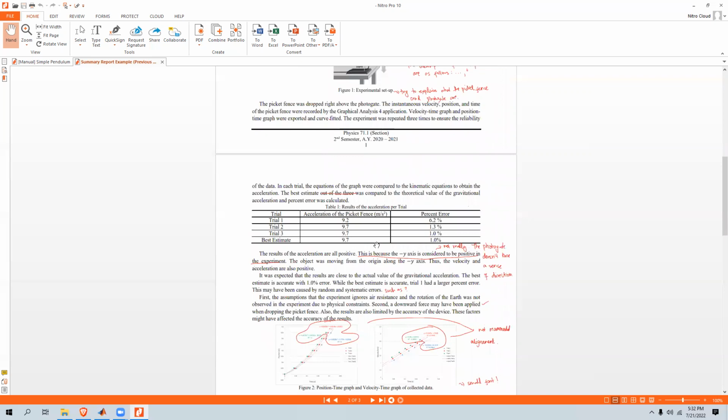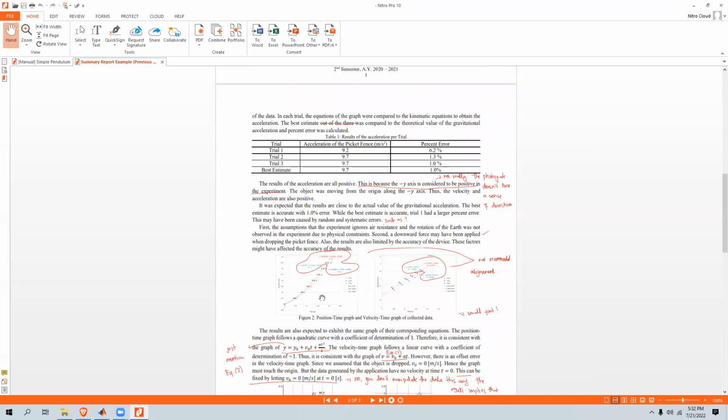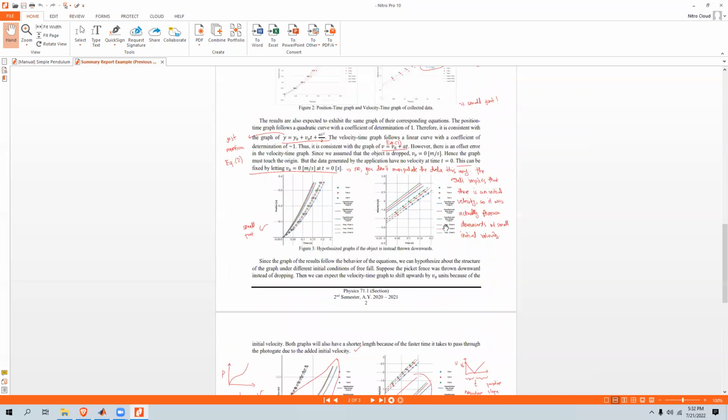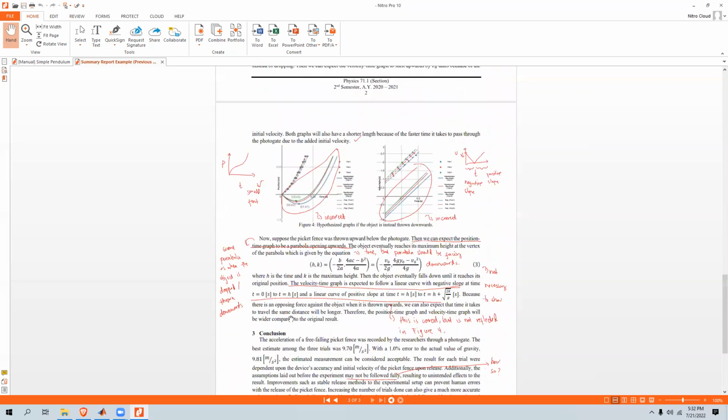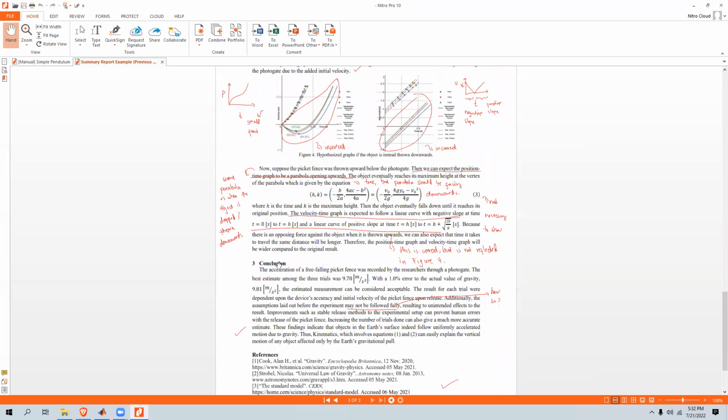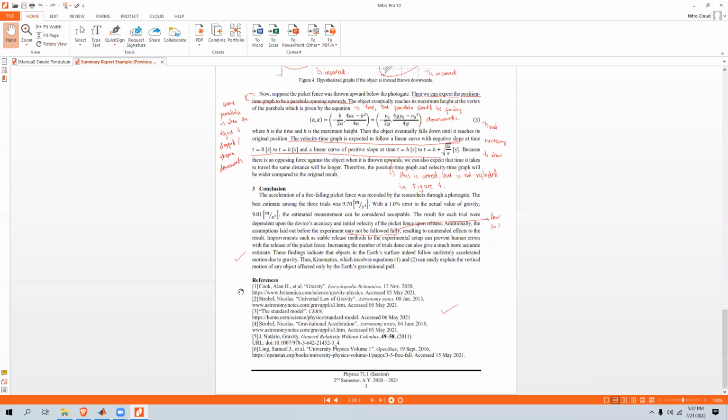So you have your tables and graphs represented as in a paper, and all the way down to a conclusion. So what is the conclusion that you can draw for this particular experiment? And of course, you also have references. So any information that you will be using for the summary report would have to be referenced.